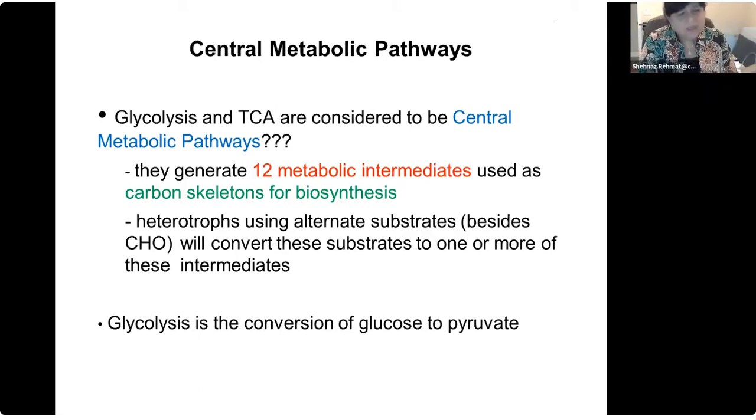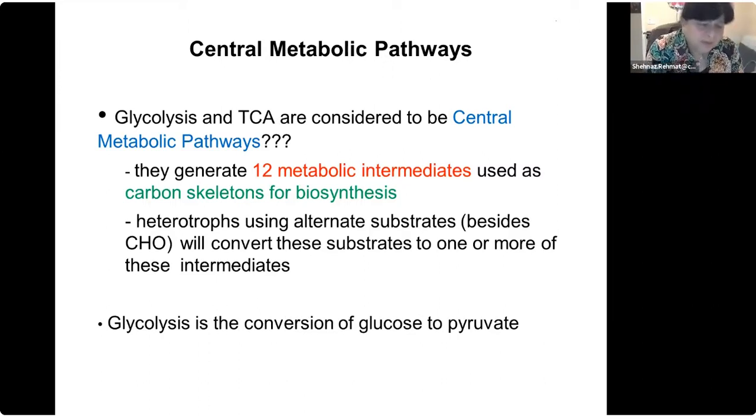Why? Because they generate 12 of the intermediates that are needed as carbon skeletons for biosynthesis. So through glycolysis and TCA, you will see most of the intermediates being used as carbon skeletons for biosynthesis, and therefore it becomes easy for the cell to control these metabolic pathways. Heterotrophs, remember, use organic compounds for their carbon source.